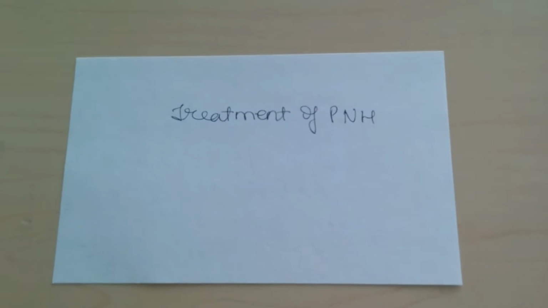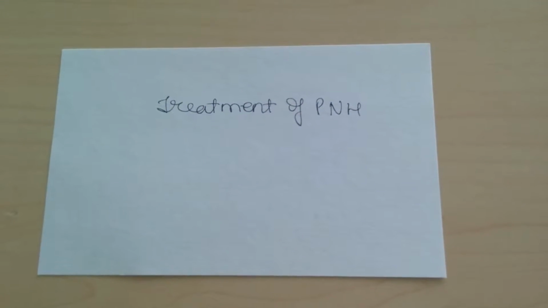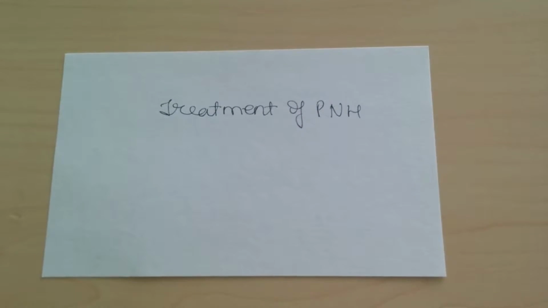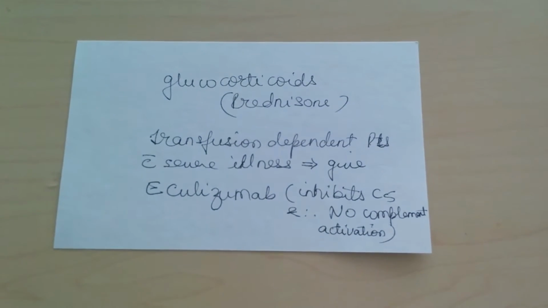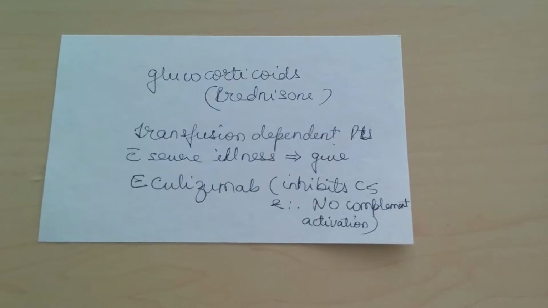Next, what is the treatment for PNH, which is paroxysmal nocturnal hemoglobinuria? And the answer is glucocorticoids, that is prednisone.